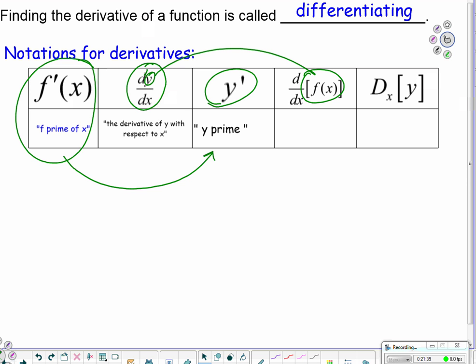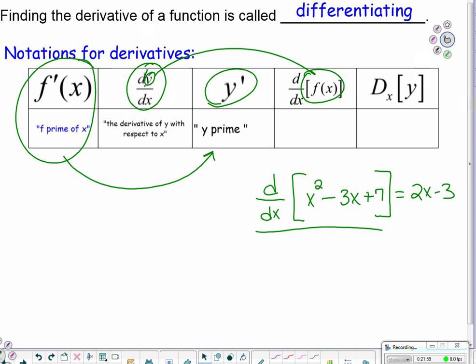Much difference between them? No, not really. So I could say I want to take the derivative of, like we did before, x squared, I can't quite remember what that function was, 3x plus 7. Maybe I want to take the derivative of that and come out with 2x minus 3 or something like that. So this notation embeds the function right there so that we can see we're taking the derivative of this function, and then here is the derivative.